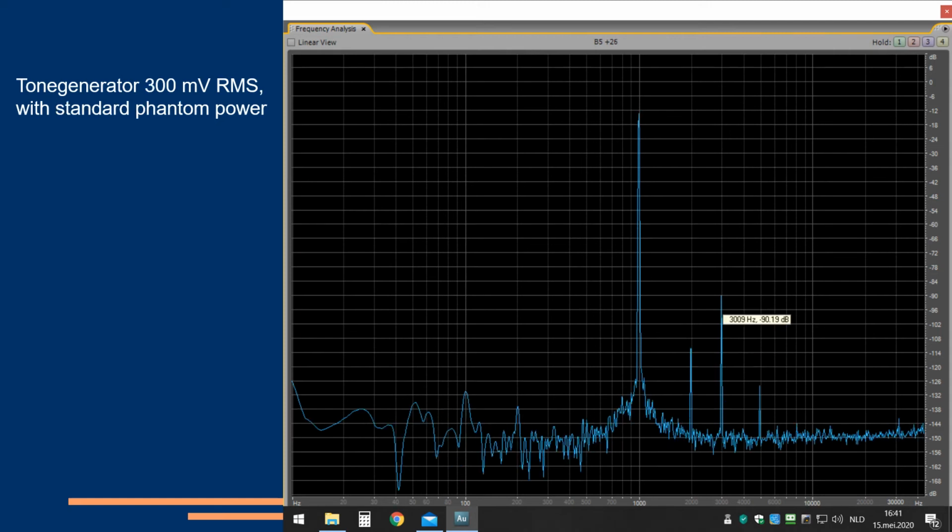At 300 millivolts input, they are really big. The second is still there. The third is really audible, and the fifth is also there.